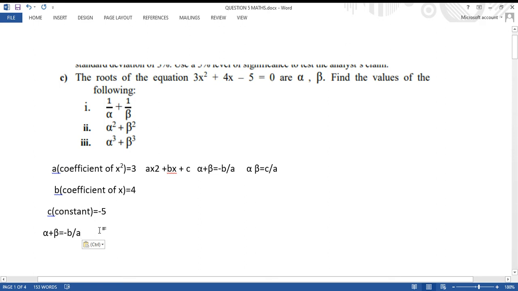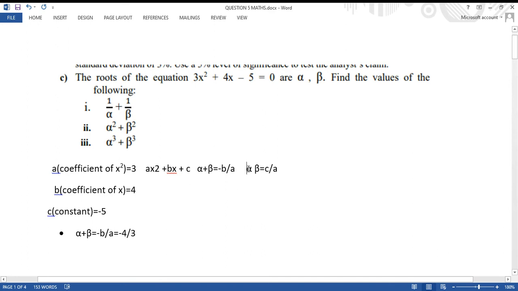For alpha plus beta, it's negative b over a. Our b is 4, so we say negative 4, and our a is 3, so we have negative 4 over 3. This is our alpha plus beta.